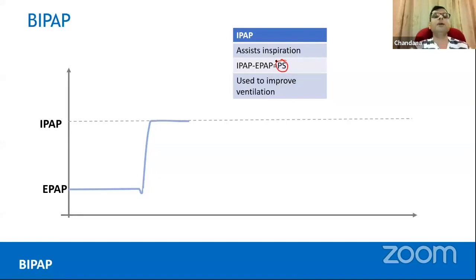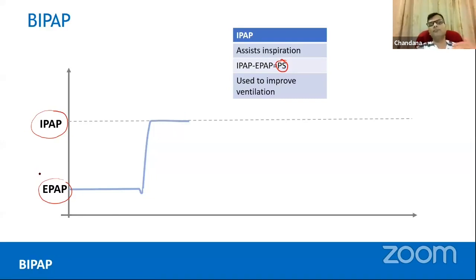But in dedicated BiPAP devices, it's used as EPAP and IPAP. These names actually mean a similar thing. So you can use CPAP with pressure support, or you can use a BiPAP device which displays these two pressures.